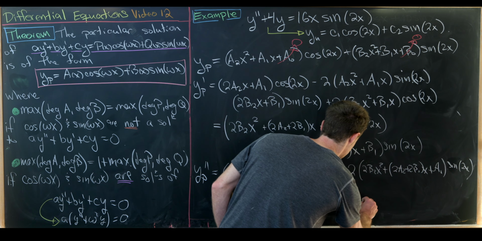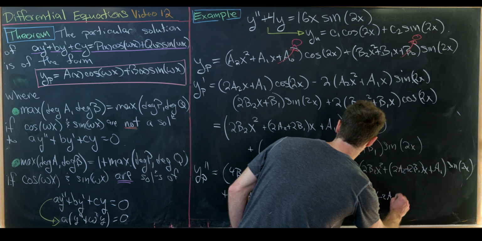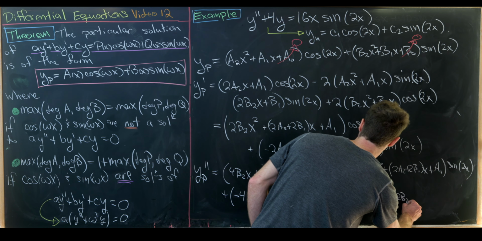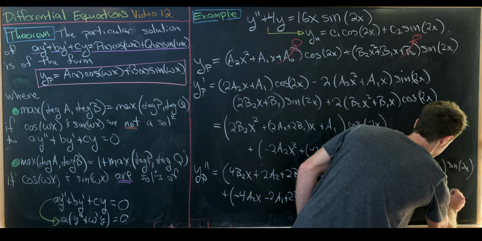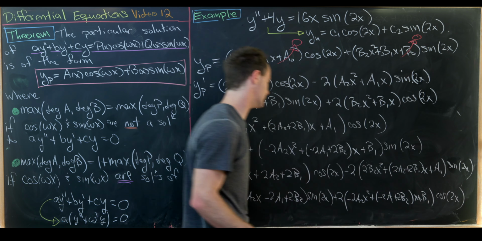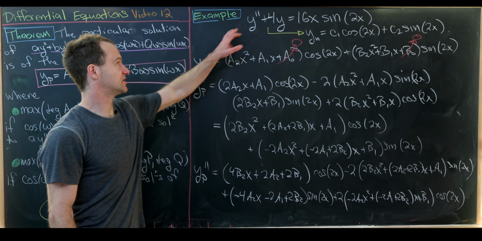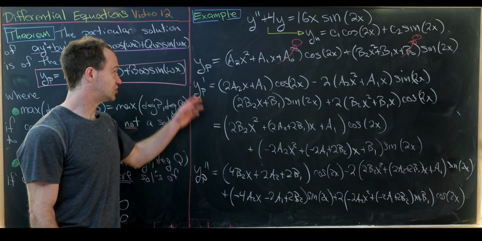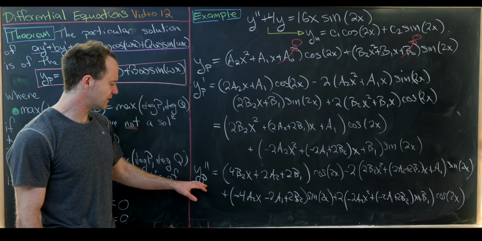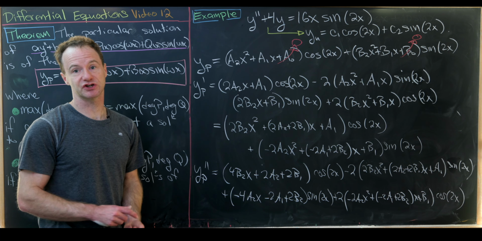So minus 2a2x squared plus minus 2a1 plus 2b2x plus b1, and that's all multiplied to cosine of 2x. So notice all we need is the original function and the second derivative. So let's rewrite the board with just those two parts and maybe with the second derivative simplified. So we won't do that calculation on screen.